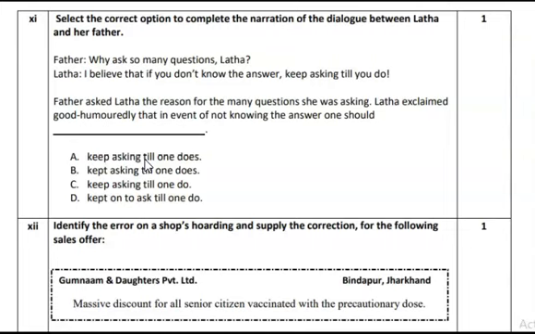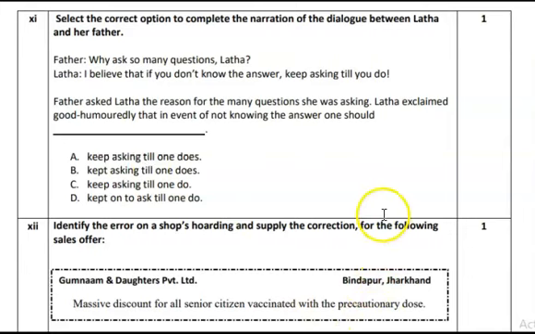Dialogue is: Father, why ask so many questions, Lata? Lata, I believe that if you don't know the answer, keep asking till you do. So the description is given: father asked Lata the reason for the many questions she was asking. Lata exclaimed good humoredly that in event of not knowing the answer, one should.